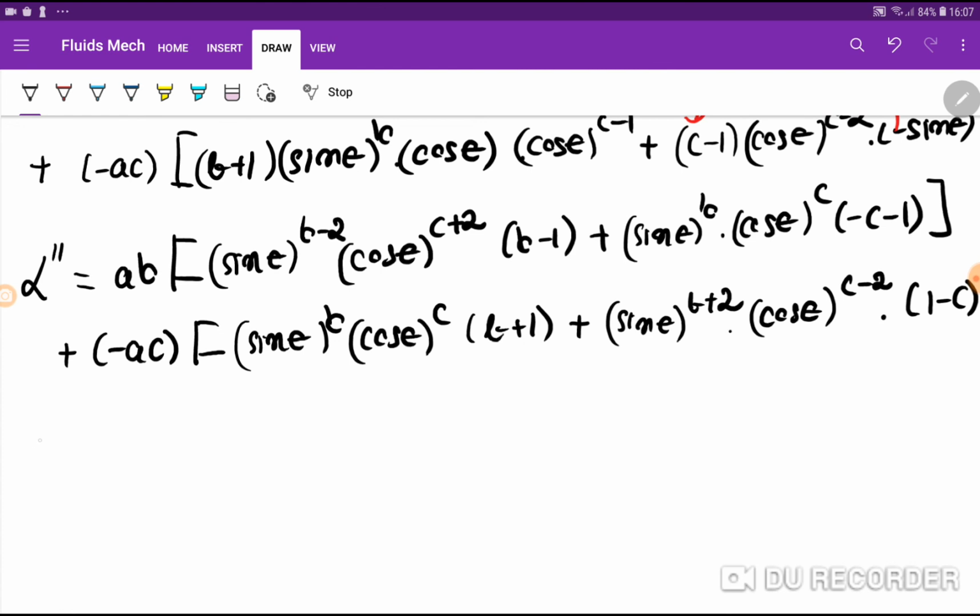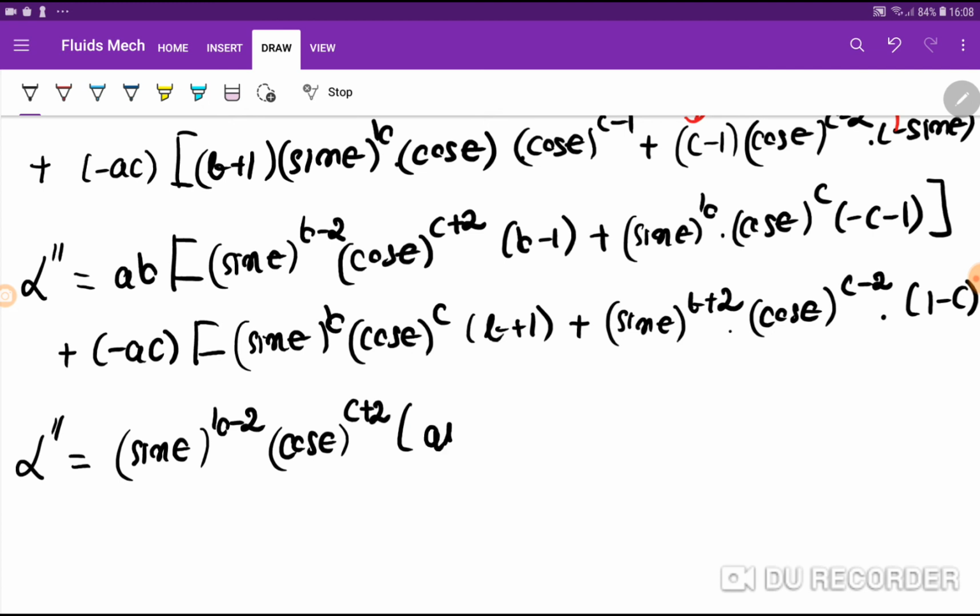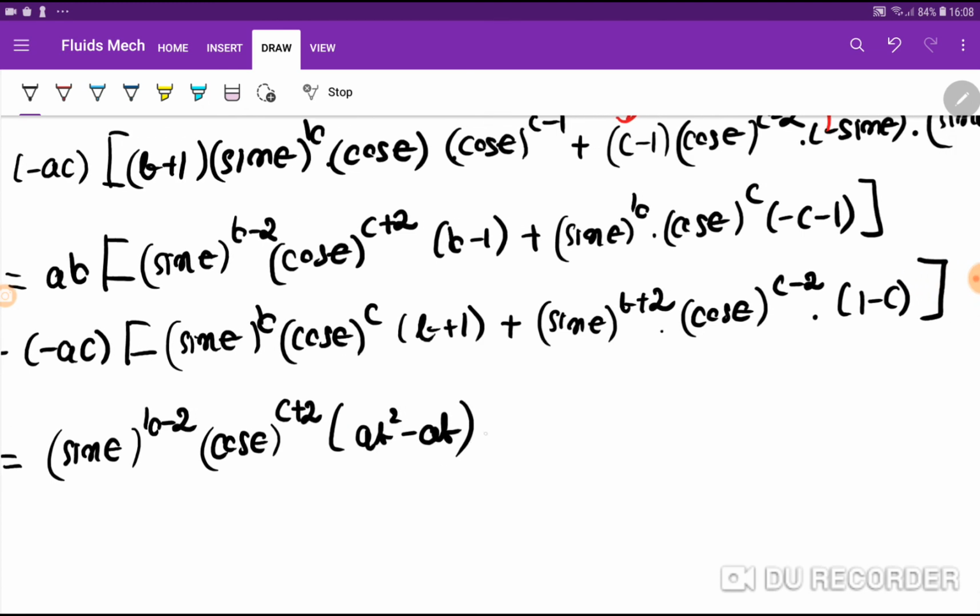So alpha prime will equal sine theta to the power of b minus 2 cos theta to the power of c plus 2 times ab times b minus 1, which is ab squared minus ab. And then plus sine theta to the power of b times cos theta to the power of c times negative abc minus ab.